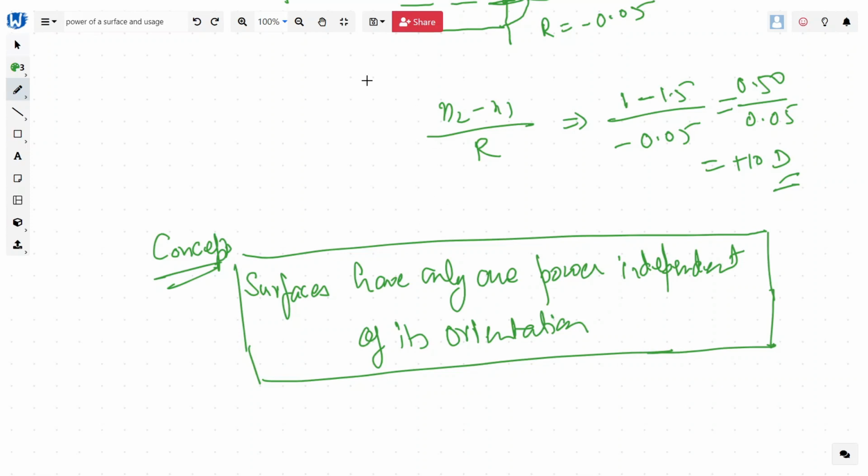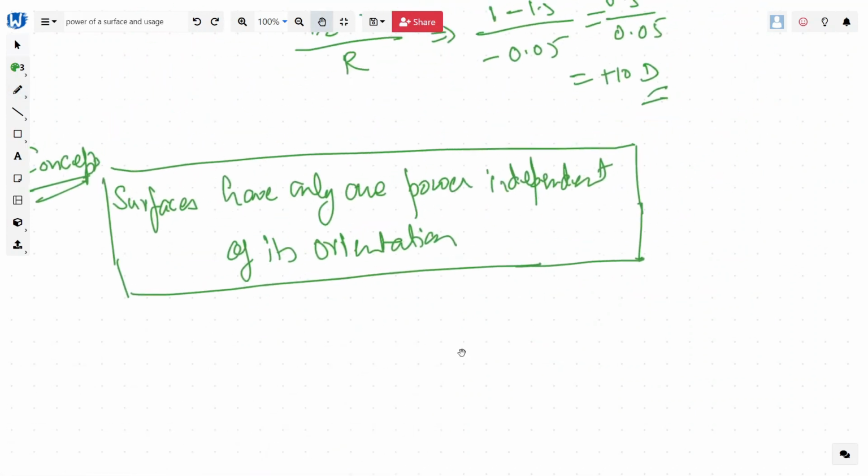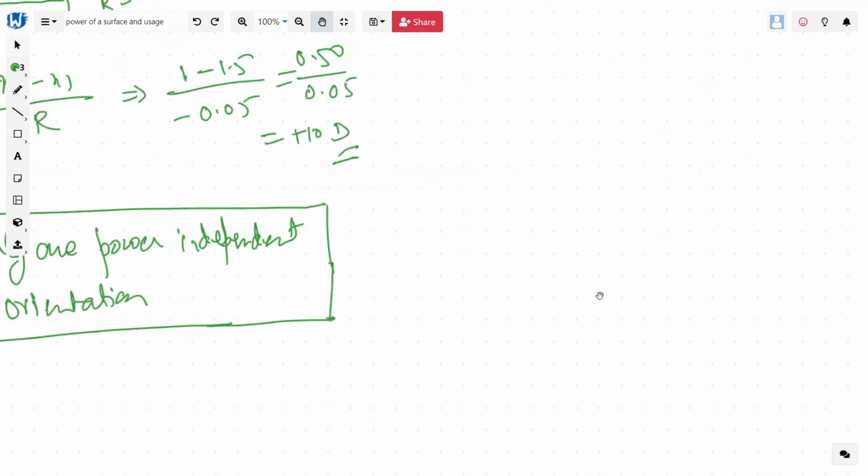Now let's try and use this basically in the lens. So what happens in the case of a lens? When we have a lens, let's say we have this convex lens, and it is in a medium, and here the refractive index of the lens is NL.